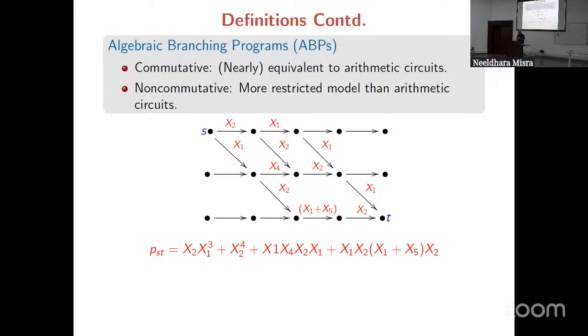So you have x2 x1 x1 cube as the topmost path, and the bottommost one is x1 x2 x1 plus x5 into x2. Sorry? Regular. It's like finite automata, except that you're also doing some arithmetic.